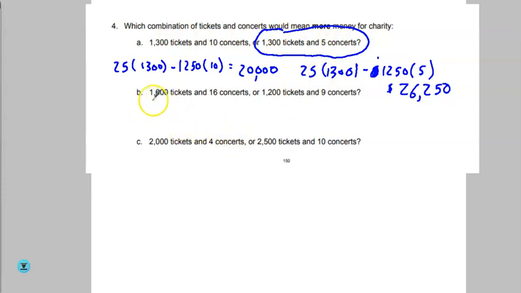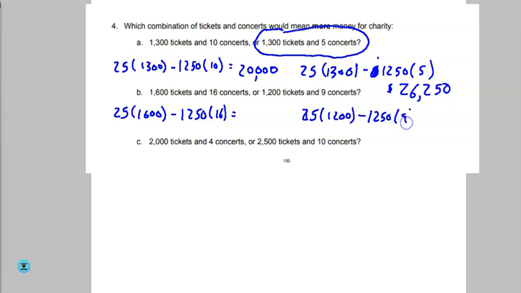Now, what if they did 1,600 tickets and 16 concerts, or sold 1,200 tickets and 9 concerts? That's not as obvious of which one might be better. So we can just compare: if they do $25 for 1,600 tickets minus the $12.50 for 16 concerts, how does that compare to $25 for 1,200 tickets minus $12.50 for 9 concerts?